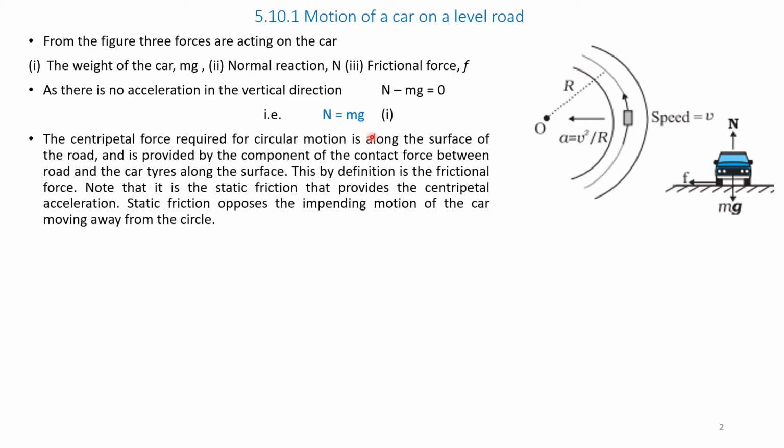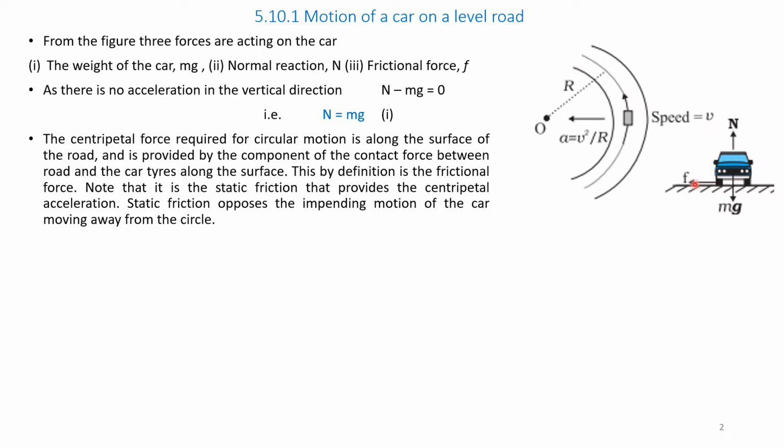The centripetal force required for circular motion is along the surface of the road and is provided by the component of the contact force between the road and the car tires along the surface. See, this is the contact between the tire and the surface of the road. This by definition is the frictional force. This F is the frictional force.